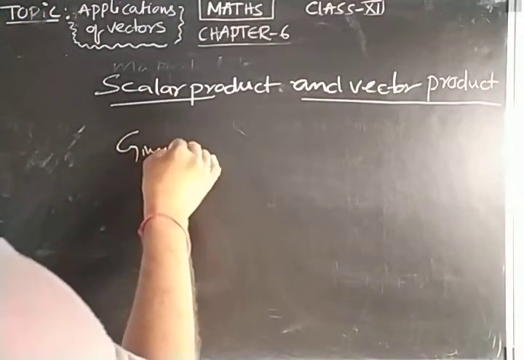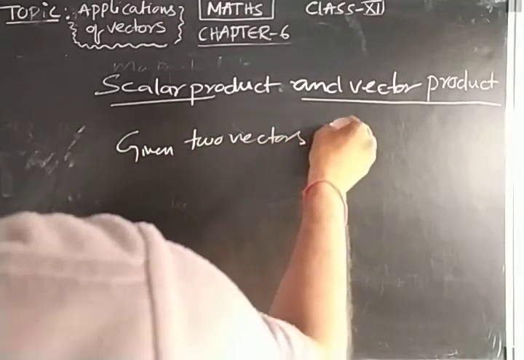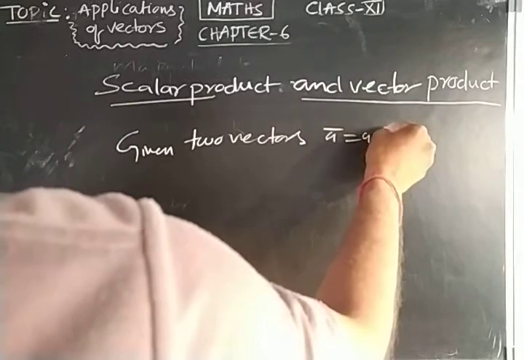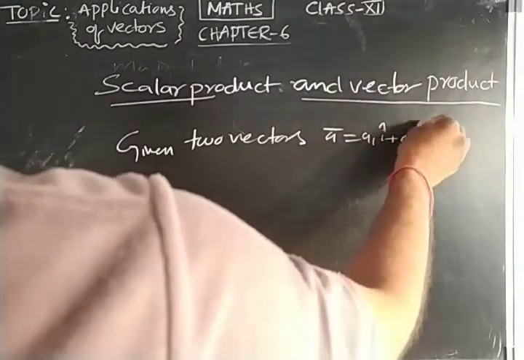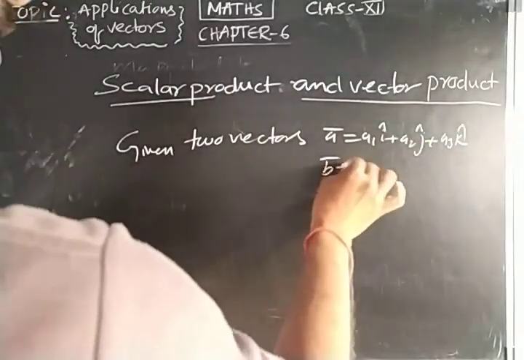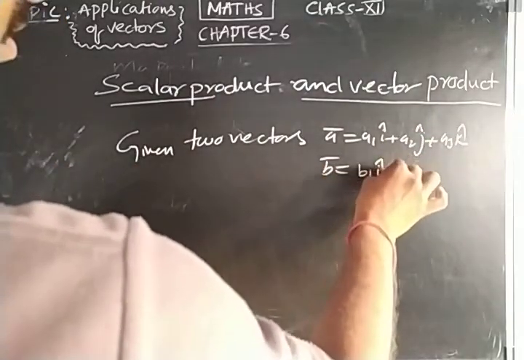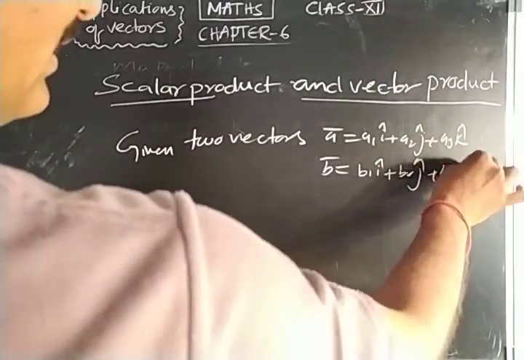Given two vectors a bar equal to a1 i cap plus a2 j cap plus a3 k cap, and b bar equal to b1 i cap plus b2 j cap plus b3 k cap.